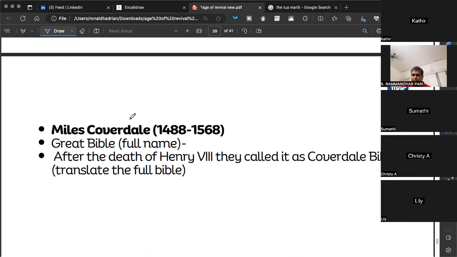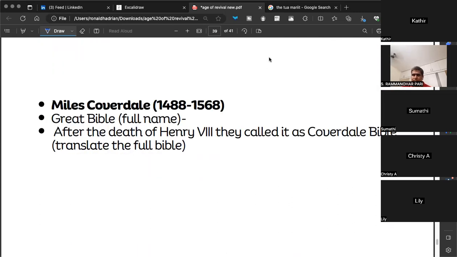And now see all the previous writers, Tyndale, Erasmus, Wycliffe, they partly translated the Bible. But Miles Coverdale was the first person who translated it fully. It's called the Great Bible. After the death of Henry VIII, they called it the Coverdale Bible. He translated the full Bible. So remember, the others all did part translations.